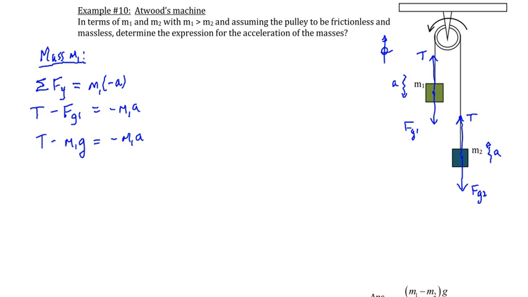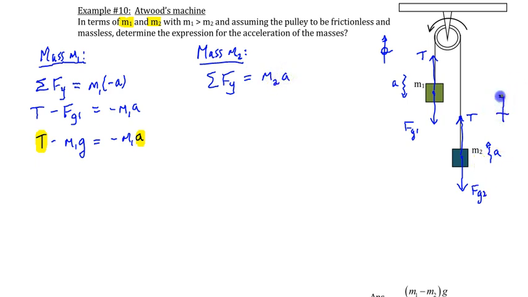So hopefully you'll see that we now have an equation that has T as an unknown and a as an unknown, and we'll assume that we know m1 and m2 because that's what we had to find it in terms of. So let's then move on to M2 and do the same thing. We have mass M2, and we are going to sum the forces in the y, equals m2a, and the acceleration is upwards.